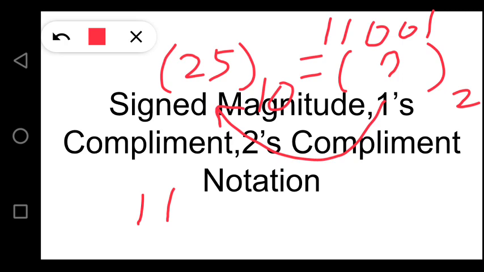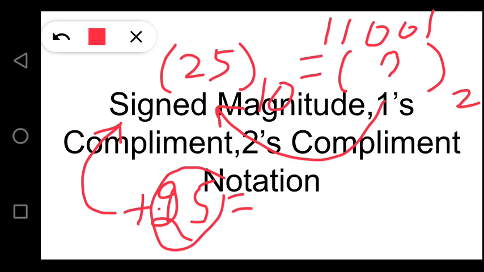Now let's assume I want to represent plus 25 in signed magnitude representation. If you want to represent this in signed magnitude representation, take the magnitude and convert it into the equivalent binary value, and take the sign bit.